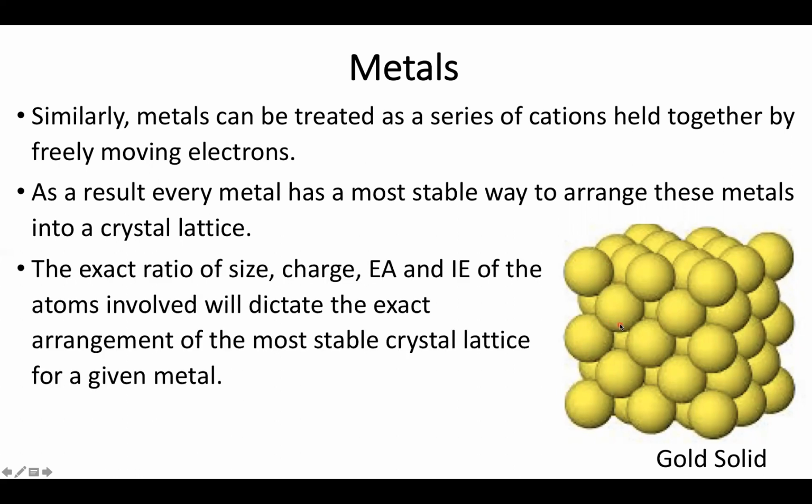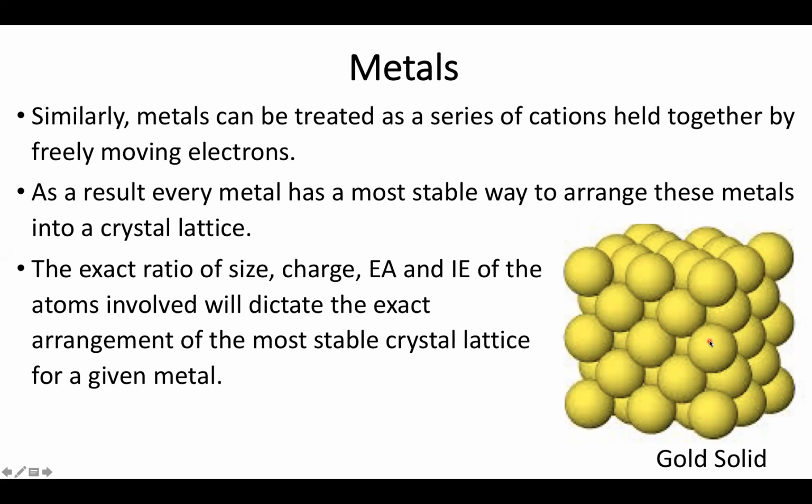However, what exact crystal lattice you form will be highly dependent upon a number of properties, and usually it's the ratio of these properties. So how large is the system, how charged is the system, and how easily will each of these cations gain or lose an electron? How easily can those electrons flow? And as a result, you can have a lot of different crystal structures for metals.